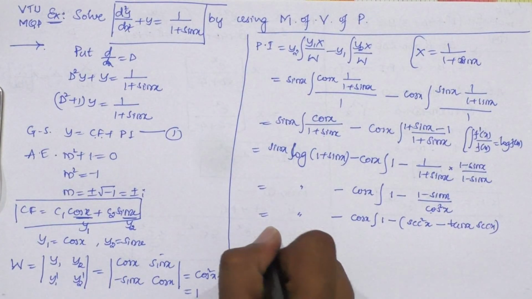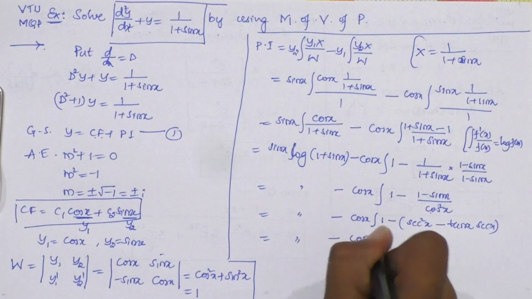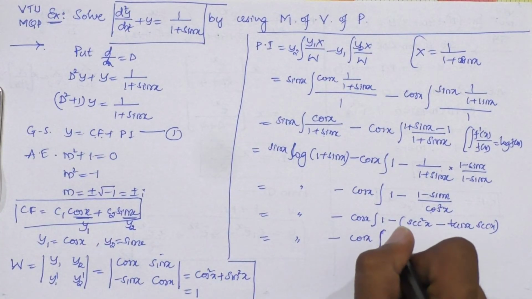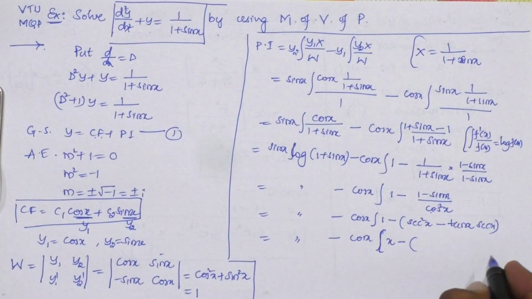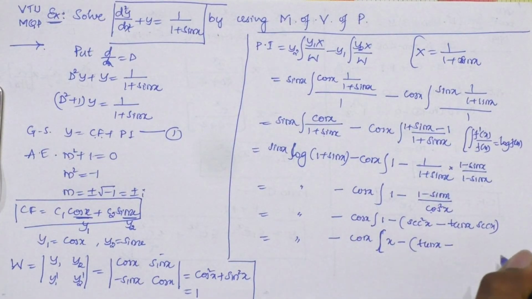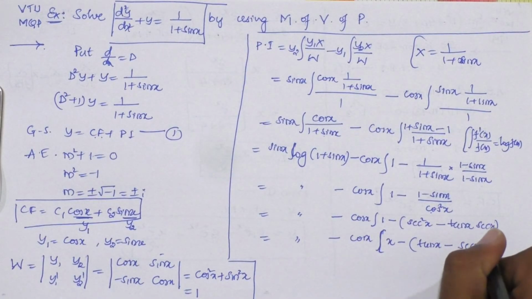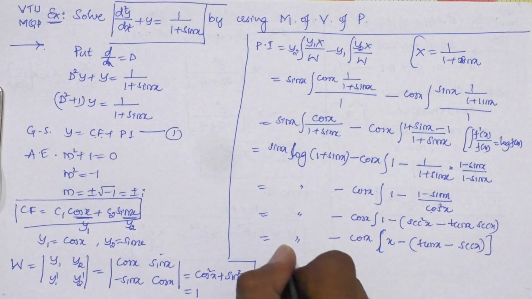Let us go further: minus cos x times the integration of 1 is x, minus the integration of sec² x is tan x, minus the integration of tan x sec x is sec x. Now multiply, with the minus sign inside.